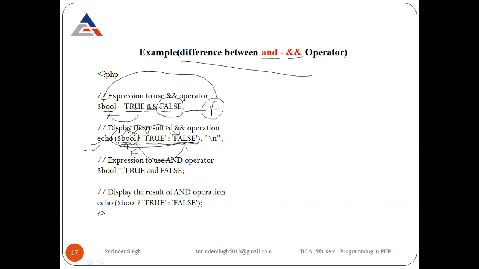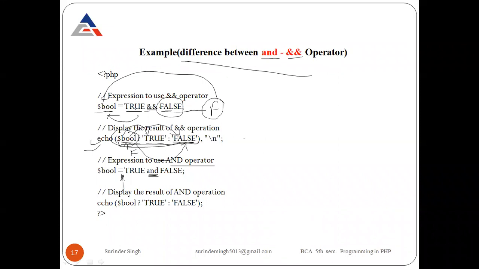Now, when we did this with the AND operator, what happened? The expression uses the AND operator. This AND operator has lower precedence than the assignment operator. In the last lecture, I will tell you about precedence.